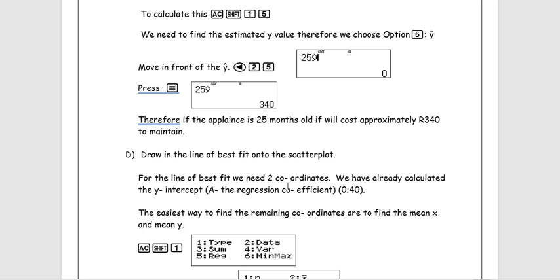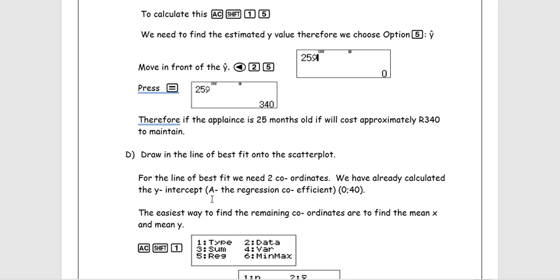We already have one set of coordinates that we have worked out, because you must remember we calculated our A value or our regression coefficient of A, and this value here is going to tell me my y-intercept of my graph. So we calculated that A was equal to 40.